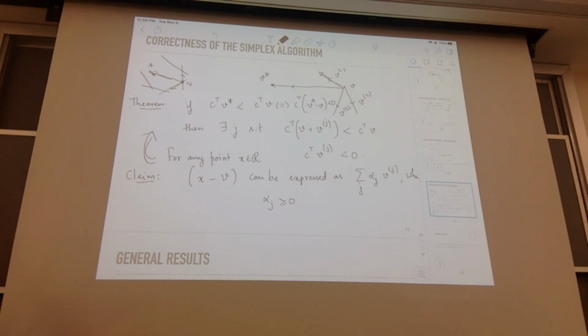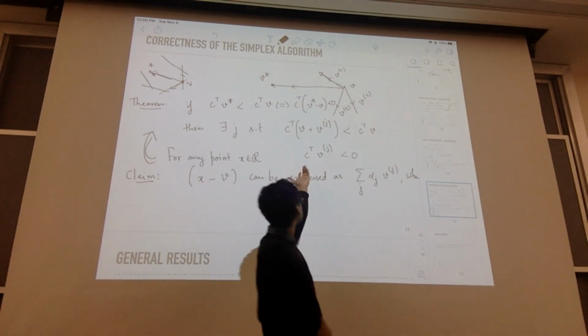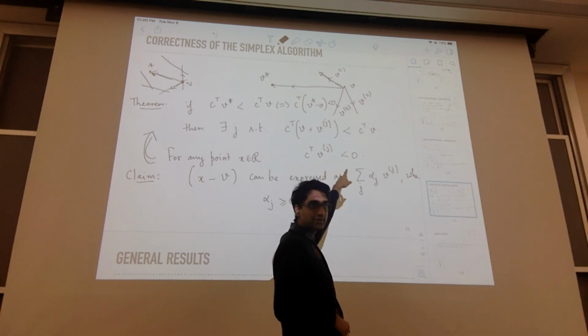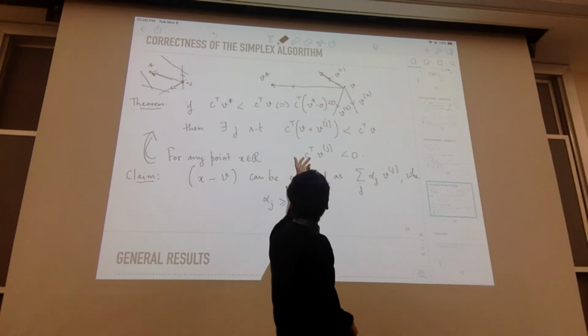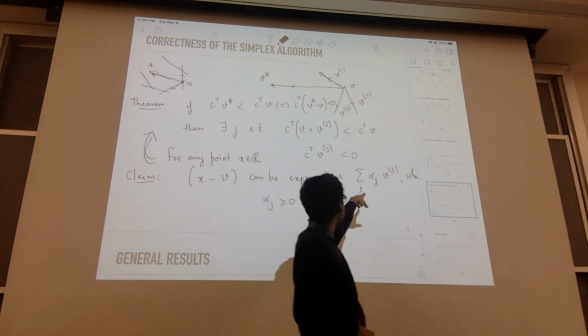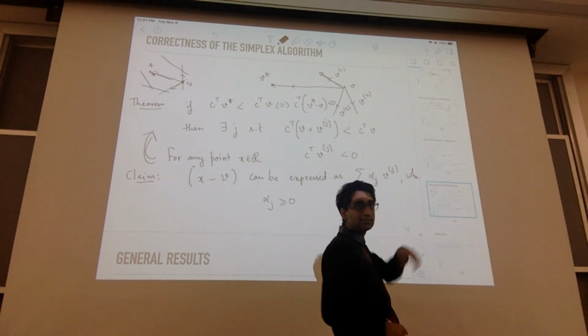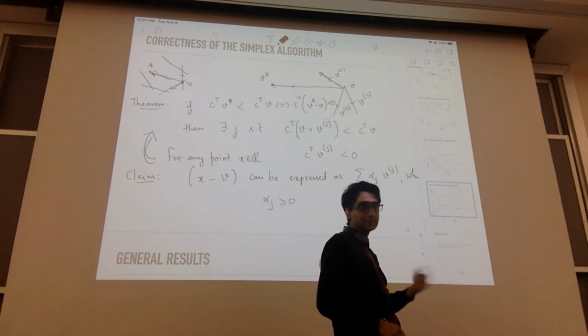So this is an obvious proof by contradiction. Suppose there is no such j, which means that for every j, C transpose Vj is bigger than or equal to 0. Then you take some non-negative combination, sum of alpha j times C transpose Vj, and that is also non-negative.